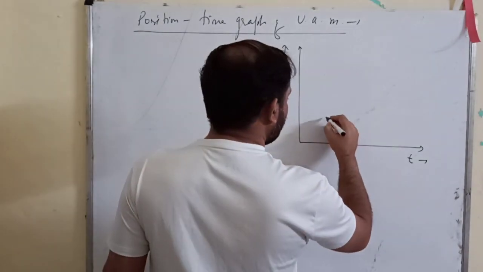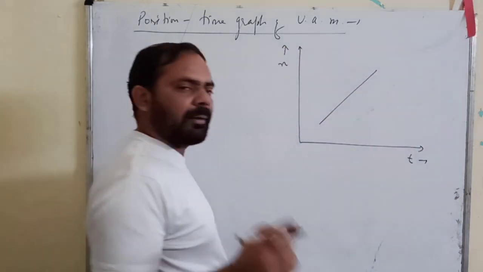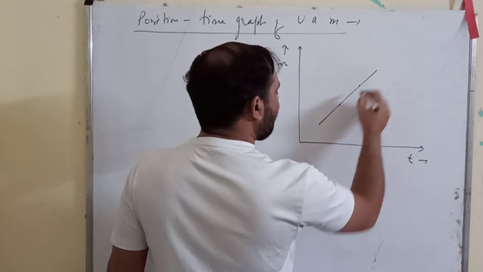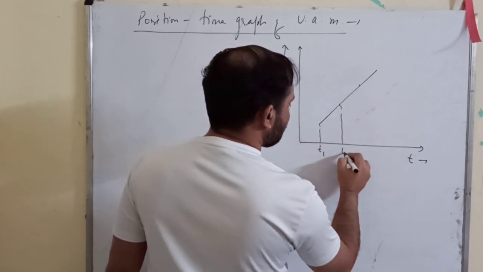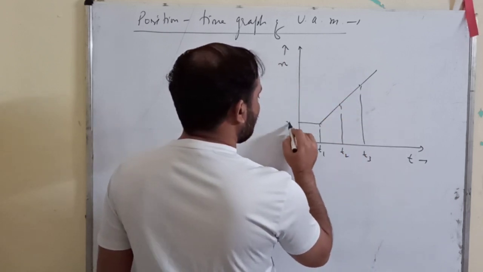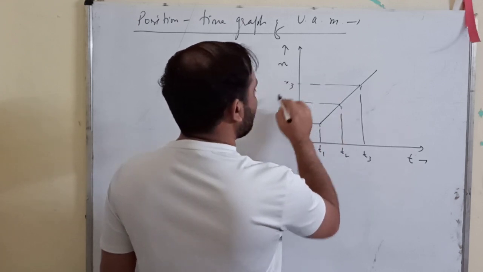Now the position, remember this, suppose you have a straight line. Straight line means your position is changing equally in equal intervals of time. Suppose this is t1, this is t2, this is t3, and this is x1, this is x2, and this is x3.